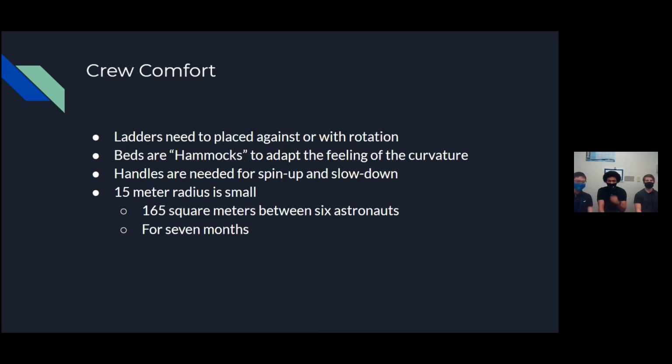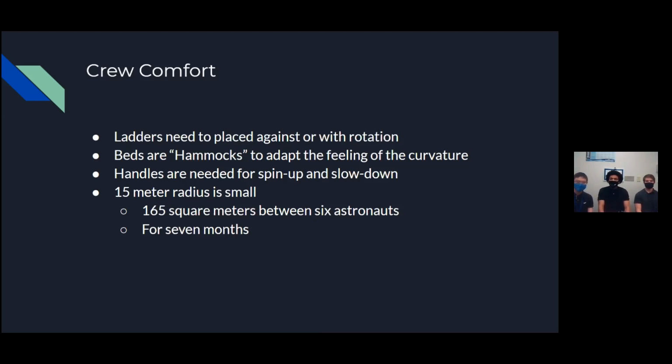So for the crew comfort, ladders need to be placed with or against the rotation to avoid that sliding effect. For the beds in the sleeping quarters, we made those hammocks, similar to why we decided to have curved surfaces. They adapt to the curvature of the station.